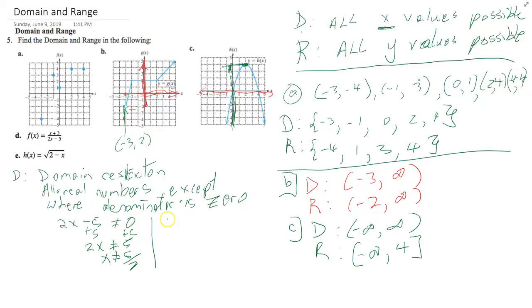So in interval notation, it's going to be, I think, from -infinity to 5 over 2, union 5 over 2 to +infinity. That's it for the domain.